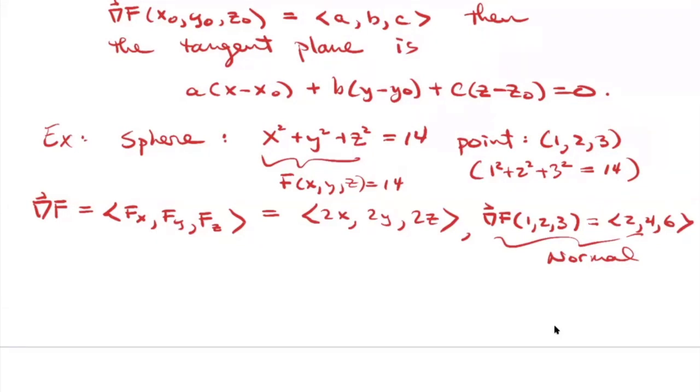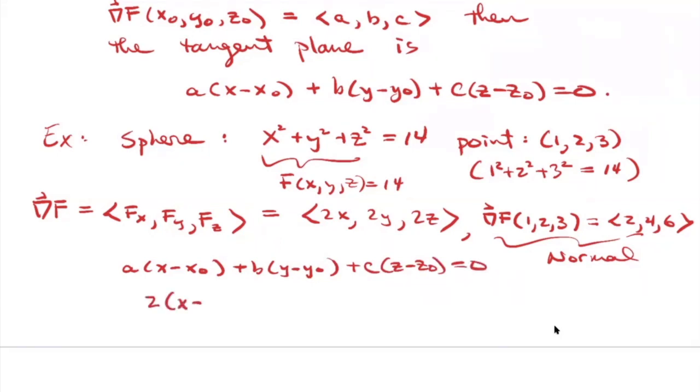Does that make sense? Now you've got your normal to the surface, so you just do A times x minus x naught plus B times y minus y naught plus C times z minus z naught equals 0. And now you can say, well, that's 2 times x minus 1 plus 4 times y minus 2 plus 6 times z minus 3 equals 0, and so on. I'll let you finish that.